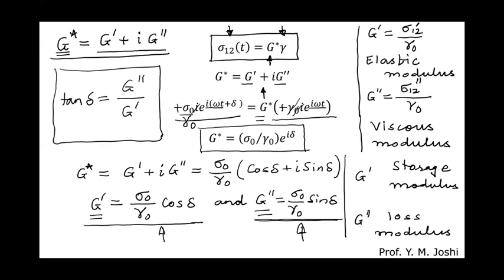All right. We shall continue discussing G prime and G double prime, their dependence on frequency and various other facets associated with this complex notation of modulus, which we call complex modulus, in next videos. Thank you.